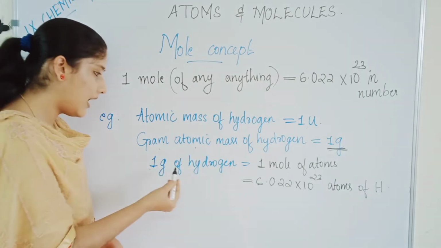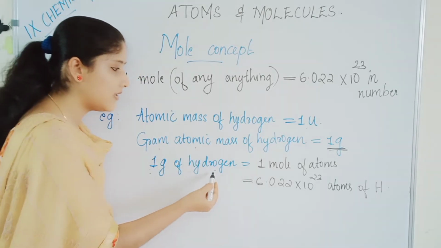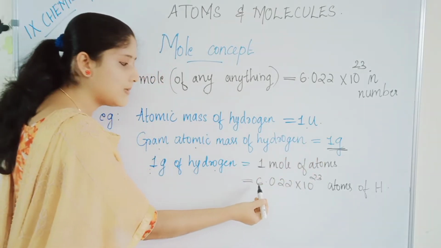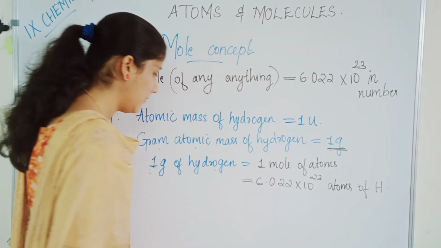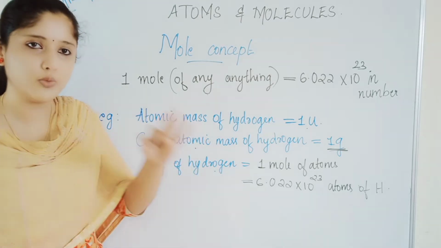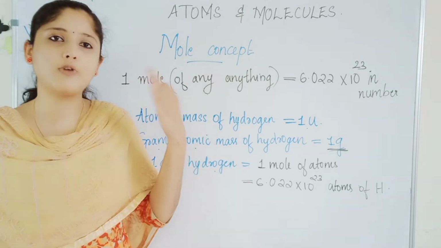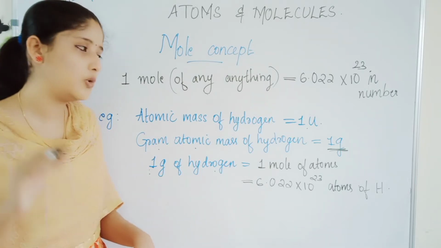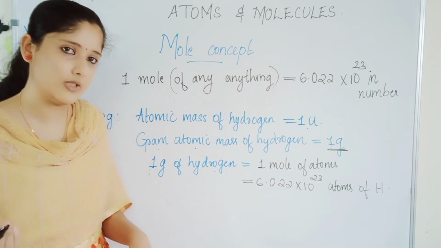So, 1 gram of hydrogen is equal to 1 mole of atoms, that is 6.022 into 10 raised to 23 atoms of hydrogen. 1 gram of hydrogen is equal to 1 mole of hydrogen atoms. What is 1 mole? It is 6.022 into 10 raised to 23 hydrogen atoms. Clear?